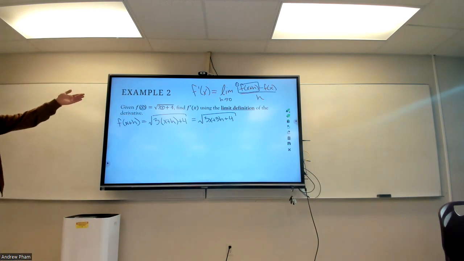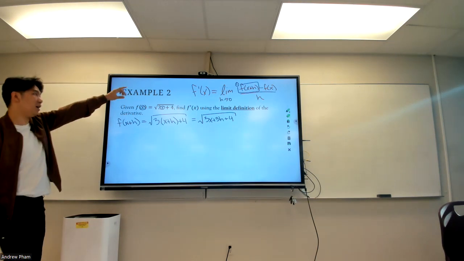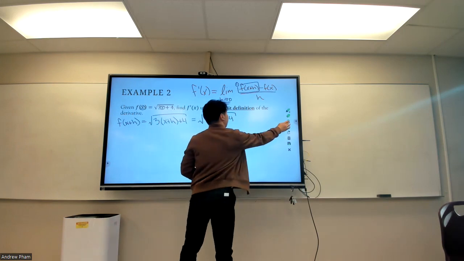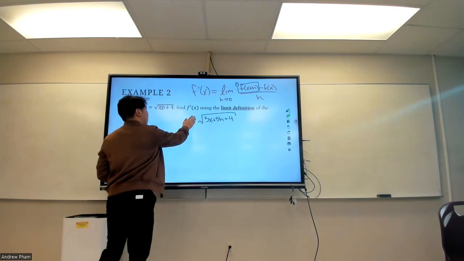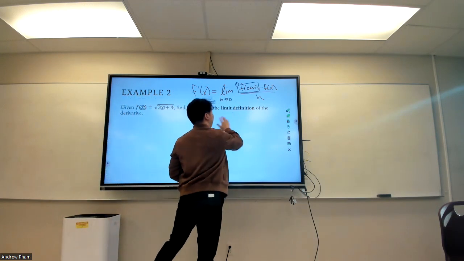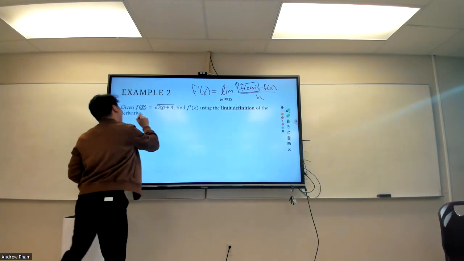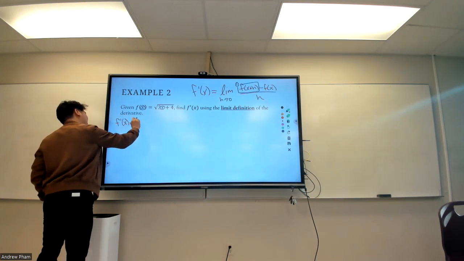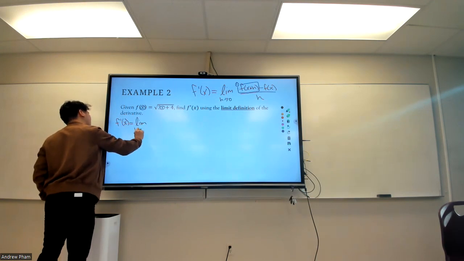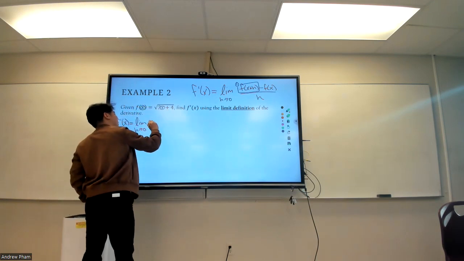All right, so now that I have f of x plus h, I can go ahead and use that in my original formula all the way up here. So let me erase this. We want f of x plus h. I can erase this, I'll remember that. So if I want f prime of x, I want the limit as h goes to 0 of what we just found, f of x plus h.